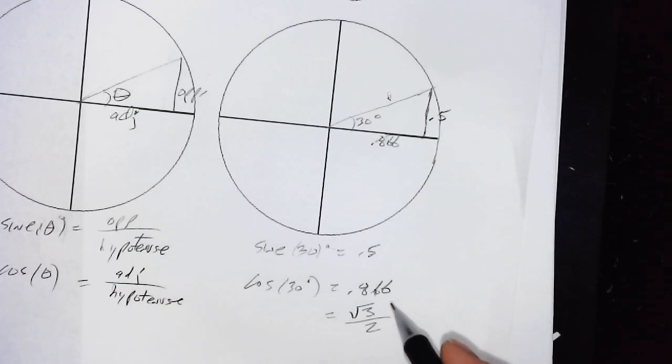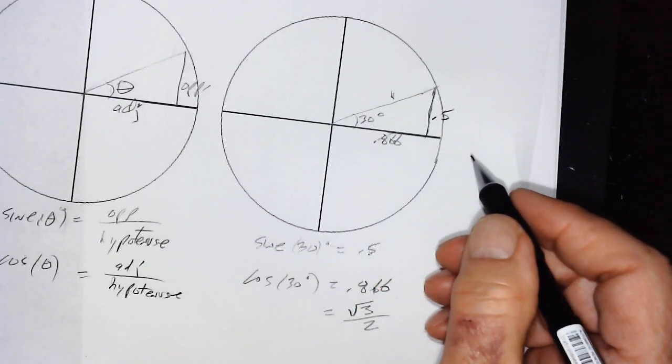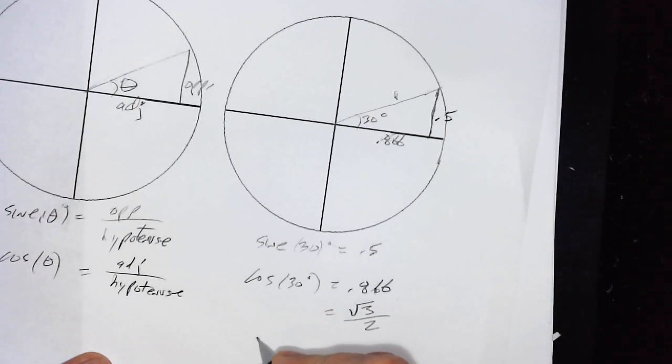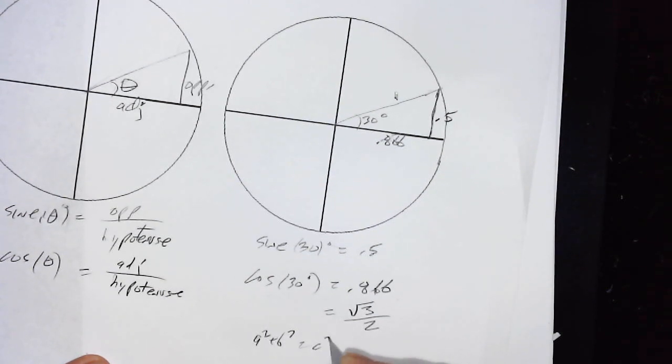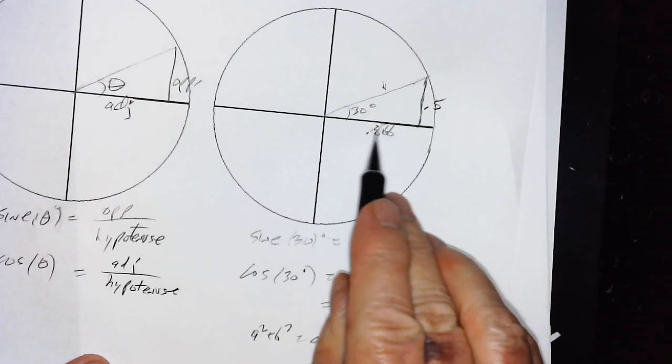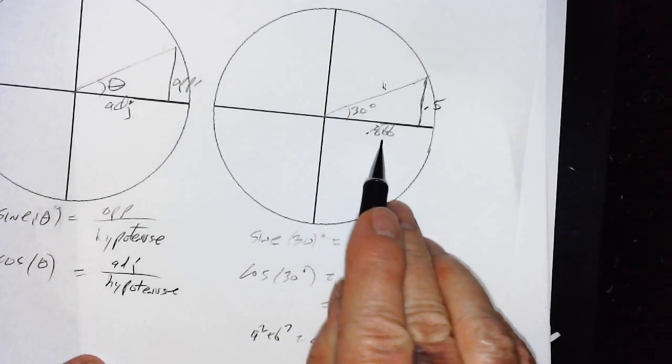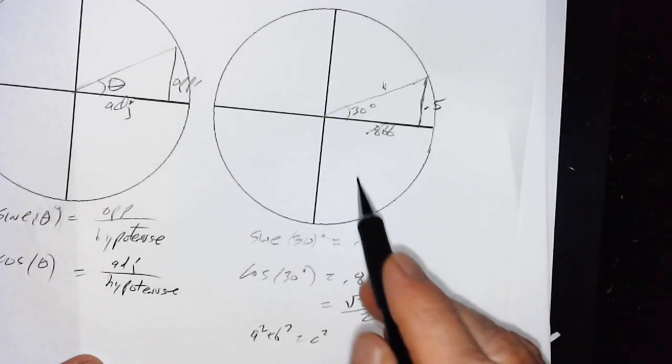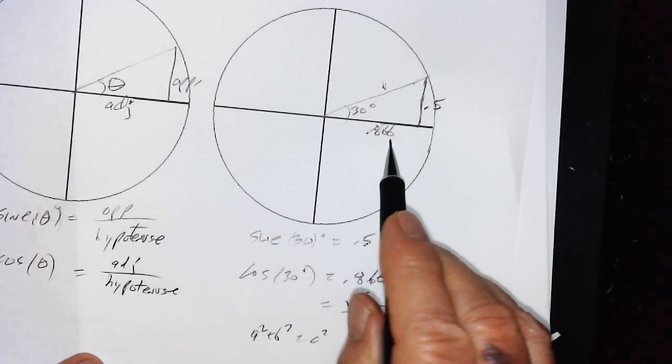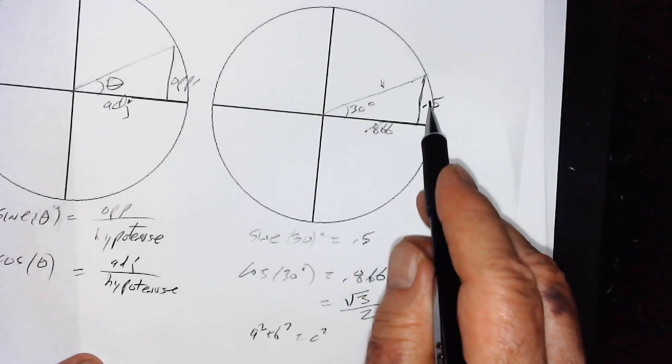Well, remember the Pythagorean theorem, a squared plus b squared equals c squared? Let's say we didn't know how long this was, the square root of 3 over 2, or 0.866. Let's say we just know these two sides.